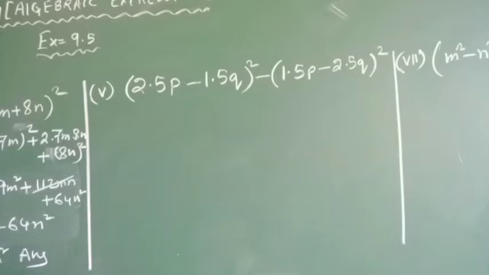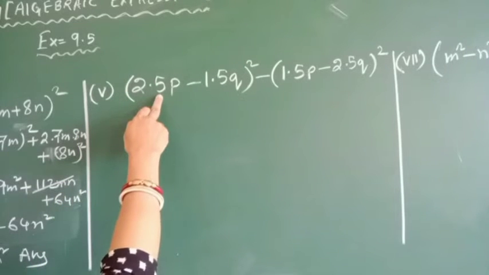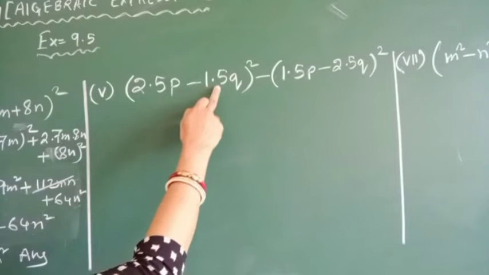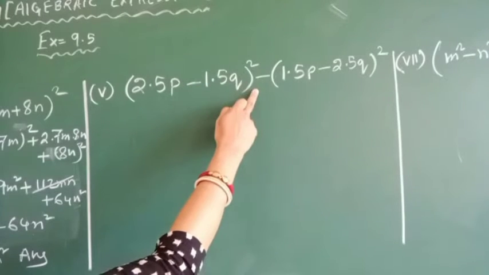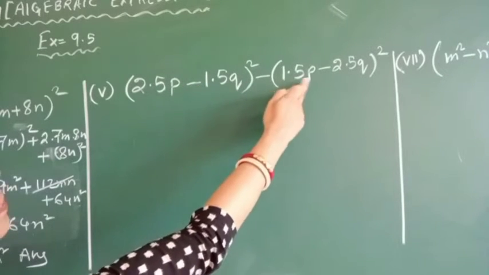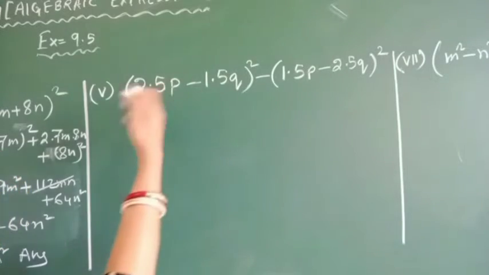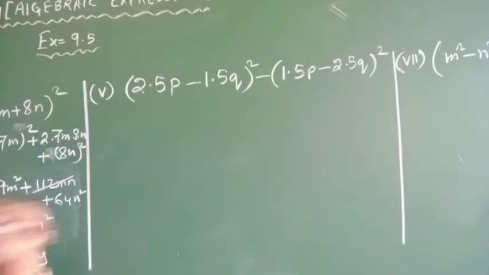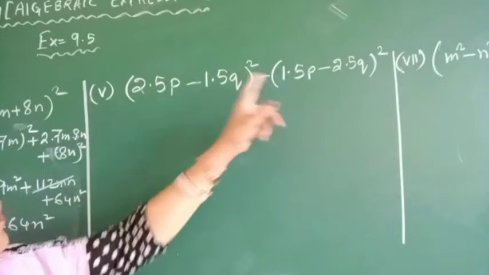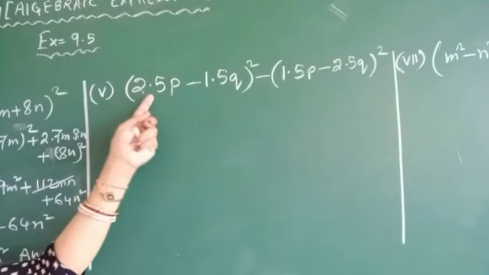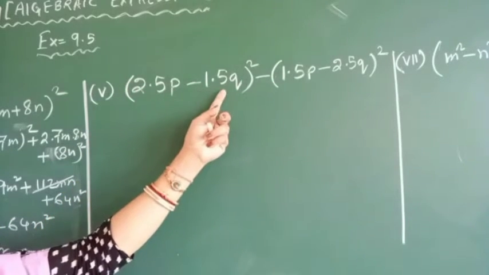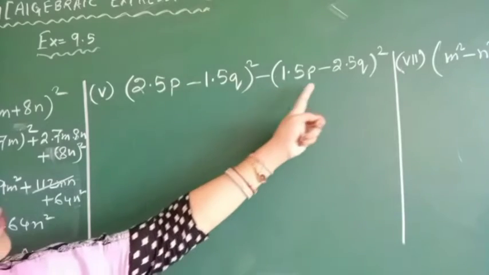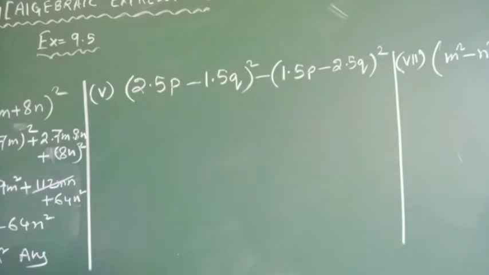Next sum, question number 5: (2.5p minus 1.5q) whole square minus (1.5p minus 2.5q) whole square. Again we will use (a minus b) whole square, but here a is 2.5p and b is 1.5q. In the second, a is 1.5p and 2.5q is the b.